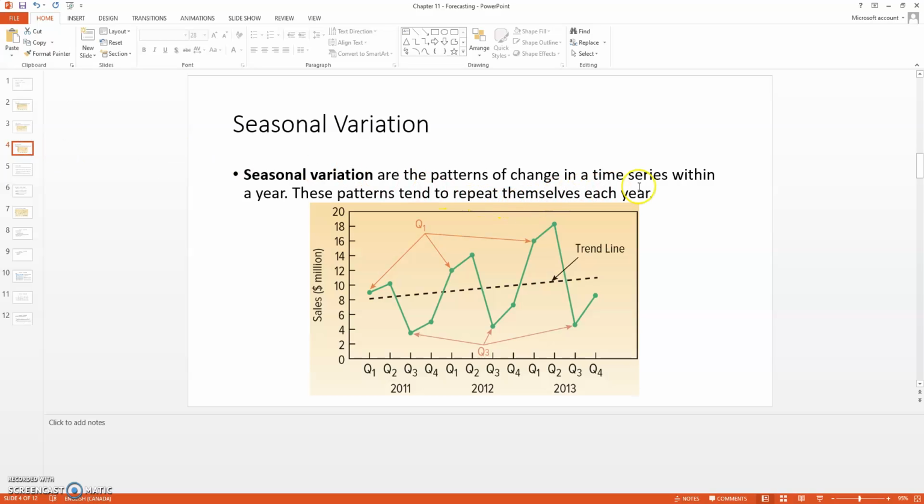Seasonal variation or patterns of change in a time series within a year. The patterns generally repeat themselves. So in this case, we have 3 years of data measured by quarters for each of those 3 years. And as you can see, quarter 1 increases in quarter 2, falls in quarter 3, then increases in quarter 4, then of course increases again in quarter 1.